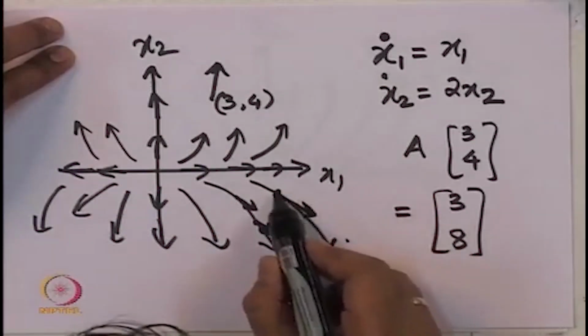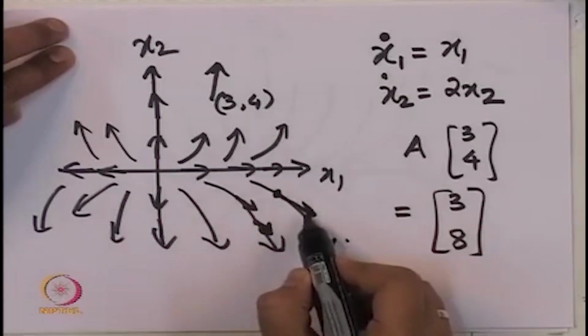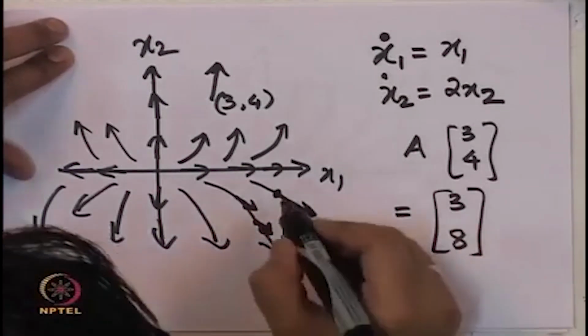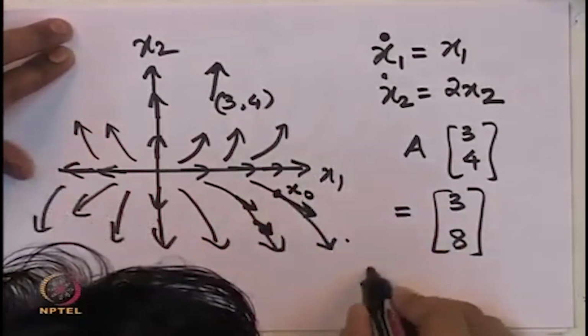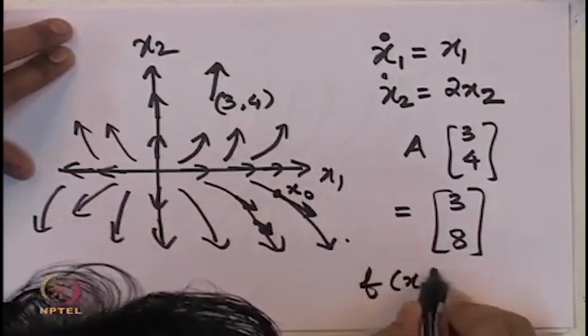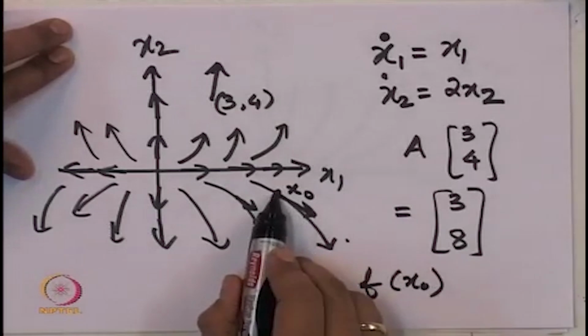Then this vector starting at this point has some coordinates. What would the coordinates be? If this is a point x0, it is precisely f of x0 which gives the coordinates of this vector, but starting at the point x0.